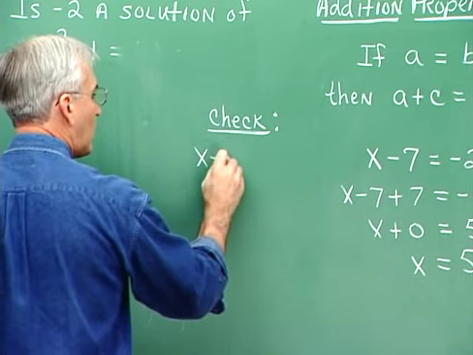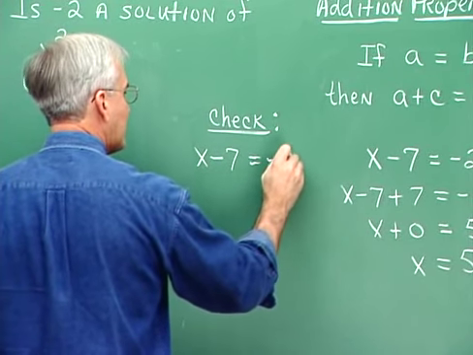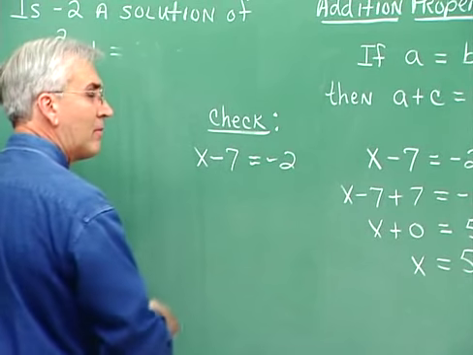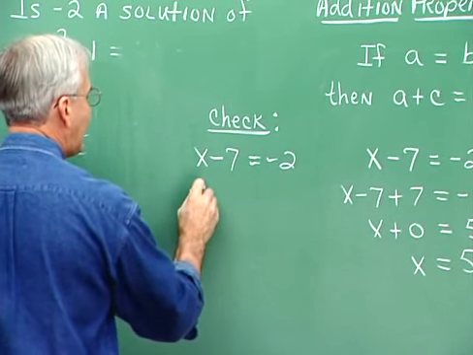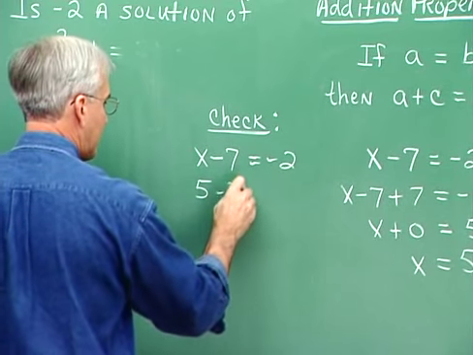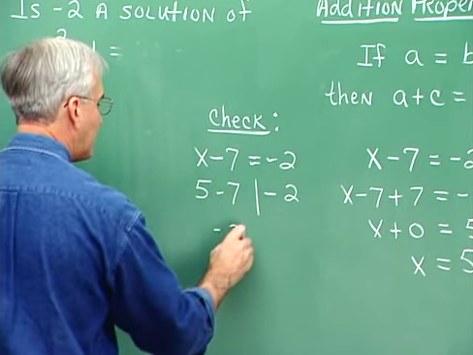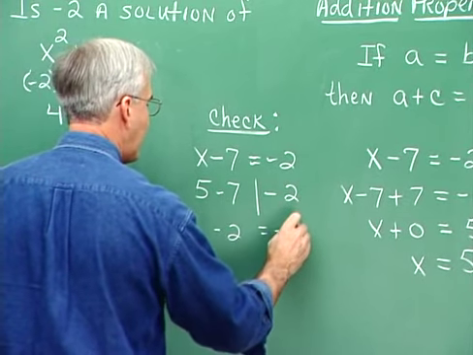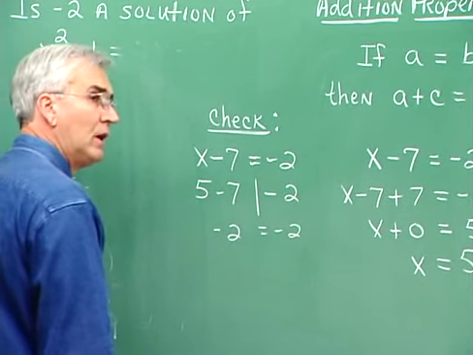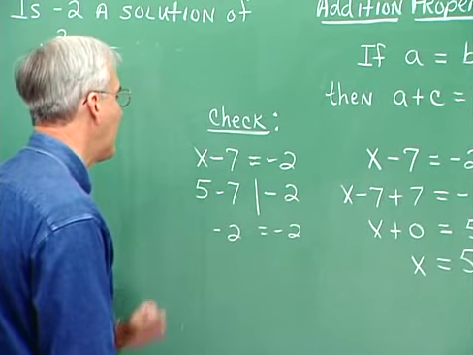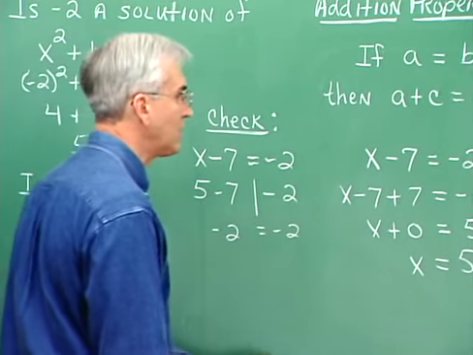So we write the equation. We replace the letter with the number that we find for it, and we evaluate. 5 minus 7 is negative 2. On the right, we also have negative 2. Negative 2 is equal to negative 2. A true statement, therefore 5 is indeed a solution of this equation.